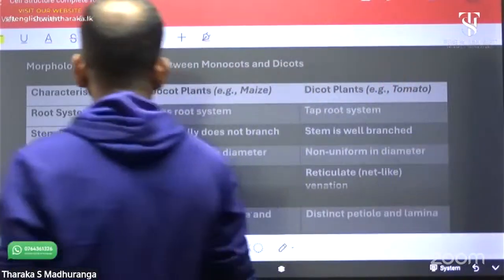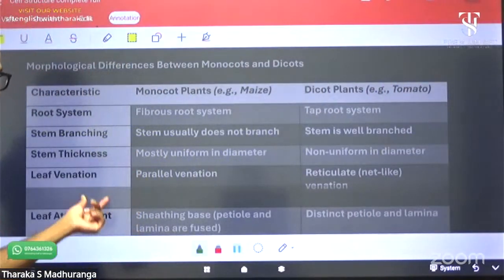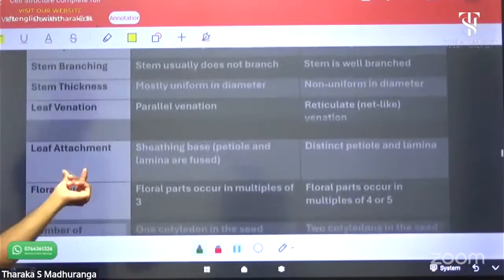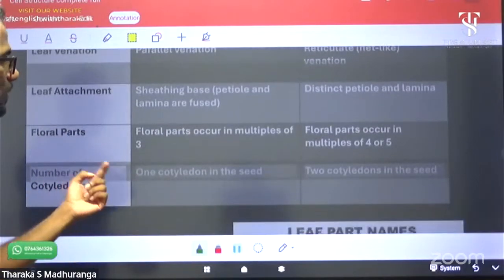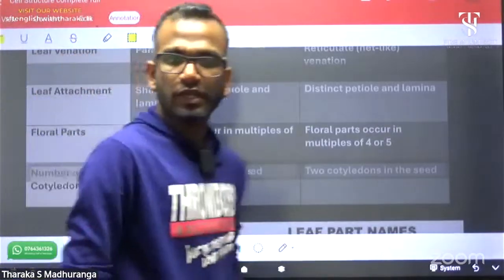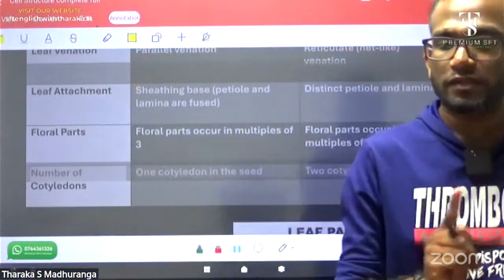Monocotyledon means that in the seed of a monocotyledon, it's only one cotyledon.